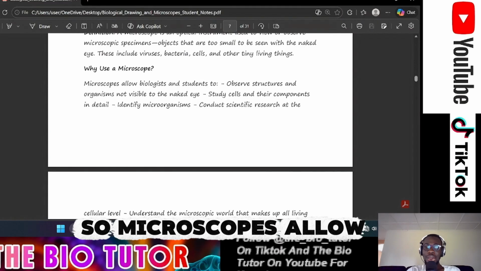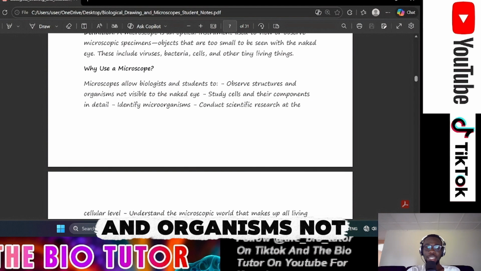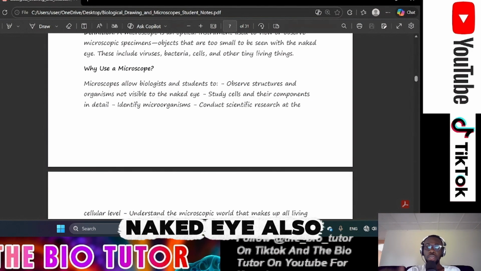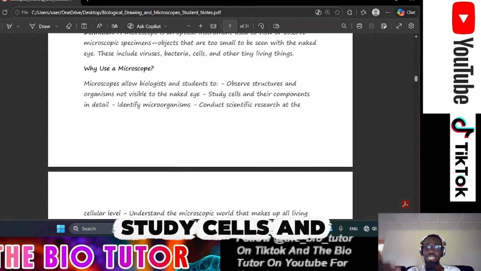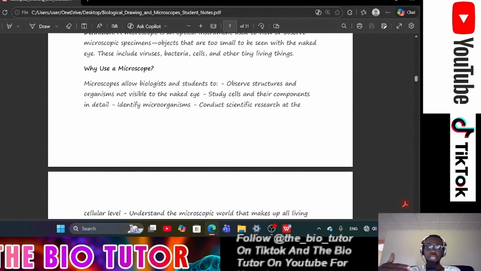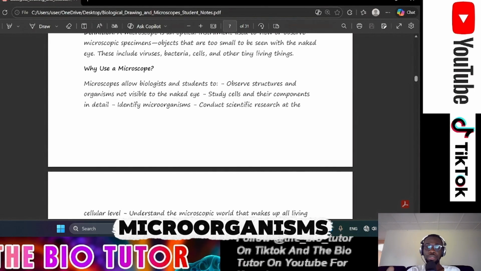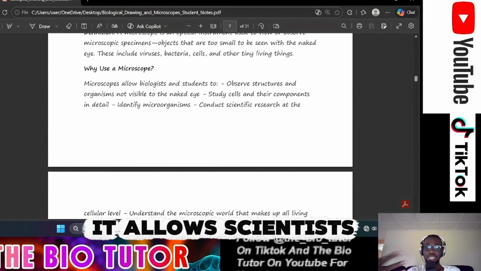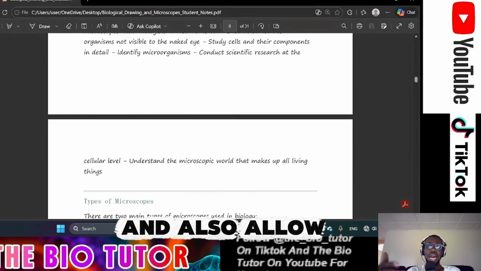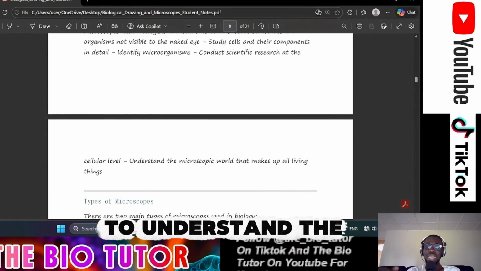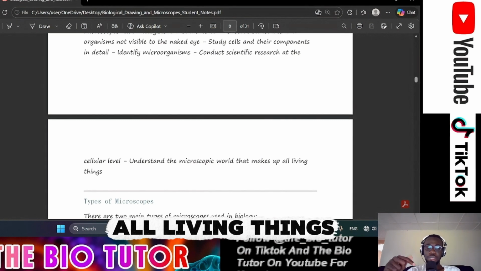So microscopes allow biologists and students to observe structures and organisms not visible to the naked eye. Also, microscopes allow students and biologists to study cells and their components in detail. It also allows students to identify microorganisms. It allows scientists to conduct scientific research at the cellular level, and also allows scientists and students to understand the microscopic world that makes up all living things.